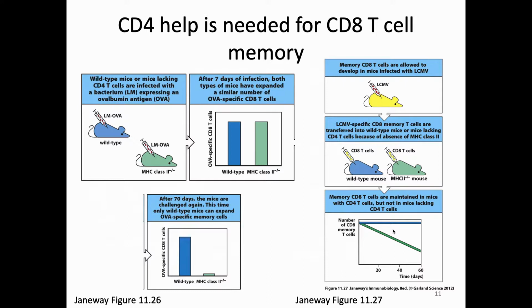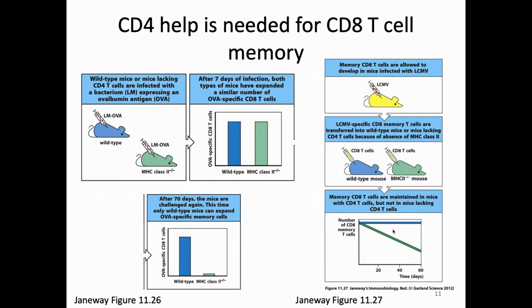So they did this experiment, and then they looked 7 days after infection to see how many ovalbumin-specific CD8 T cells were generated in the mice, and they saw that there was no difference. However, if they looked 70 days later and tried to reinfect the mice with Listeria, the memory response was completely missing. The CD8 memory response was completely missing in the mice that didn't have CD4 cells. Only the mice with CD4 cells were able to make a CD8 memory response.